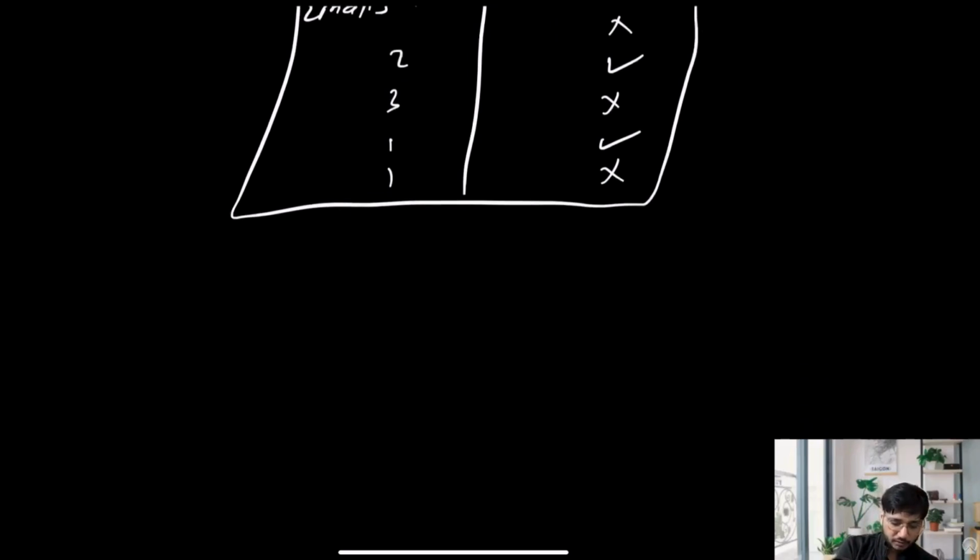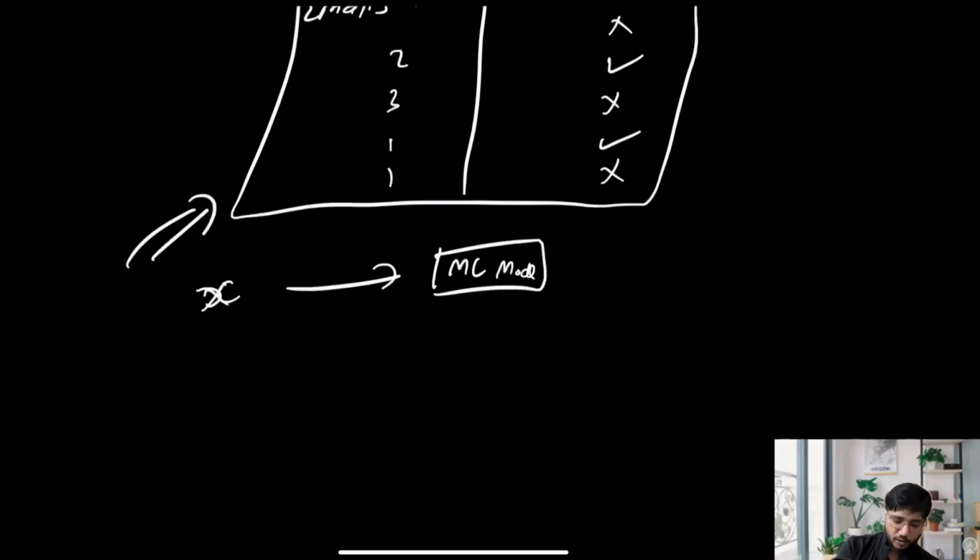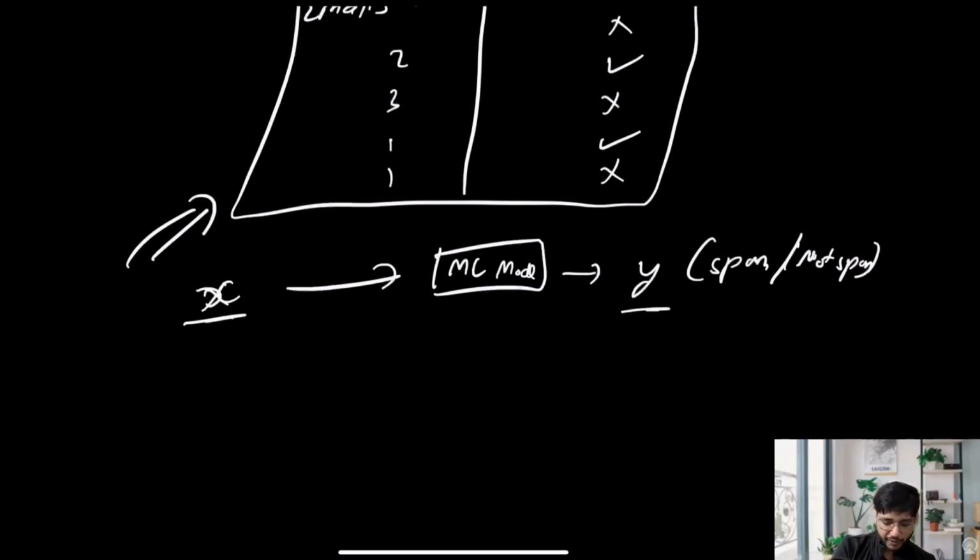And it will give you an ML model. So basically you had an input X, which is this table, and a Y, which says whether an email is spam or not spam. You already had these details. You give this input, and you find an ML model which works on it.